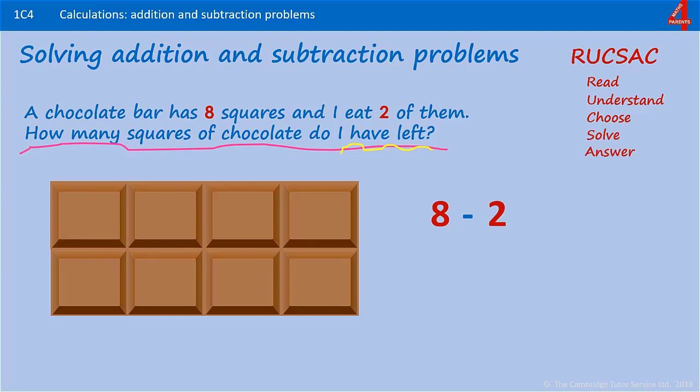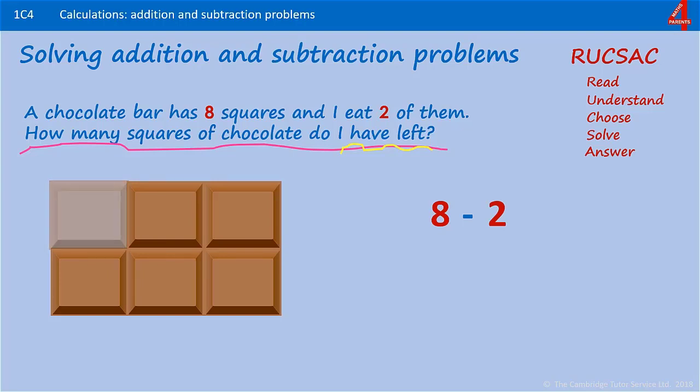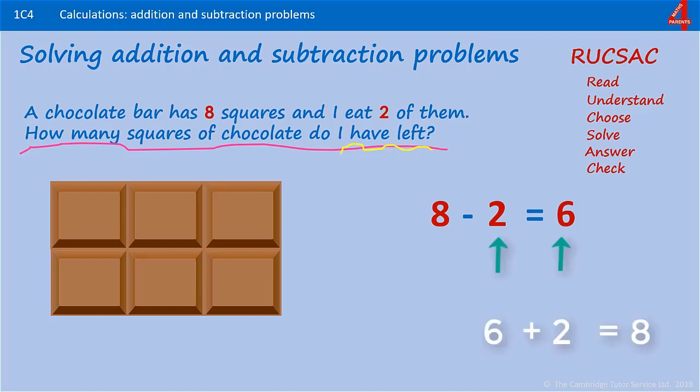To solve this, take 2 squares away, and we have 1, 2, 3, 4, 5, 6 squares of chocolate left. 8 minus 2 is 6. When you check this, you could use your knowledge of inverse operations. If you remember that 6 add 2 equals 8, that's one way of checking that.